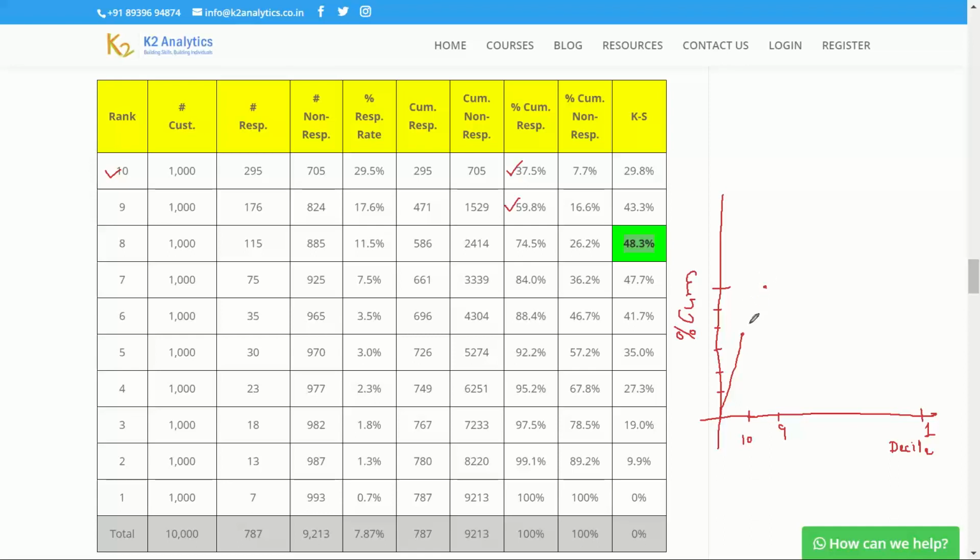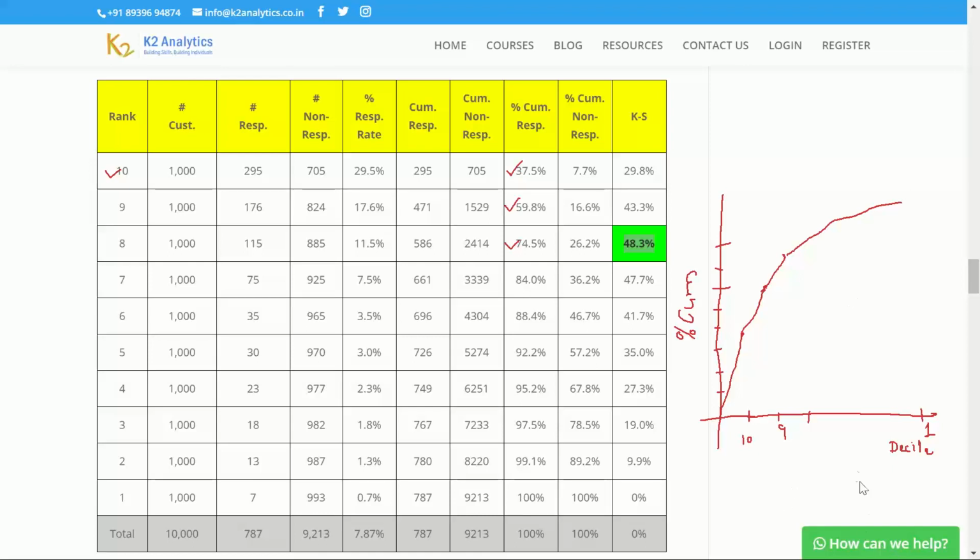If I target the top 3 deciles, the cumulative is around 75. So here decile 8, this is 60, 70, 80. Somewhere here between 70 and 80, we will have the decile coming like this. Obviously, as I keep going up, this number will go till 100. Cumulative till decile 1 is 100.